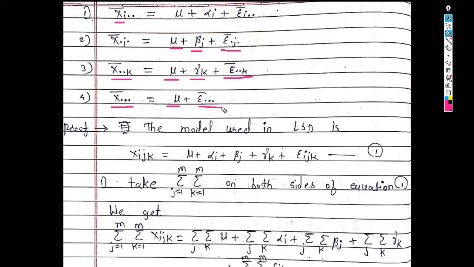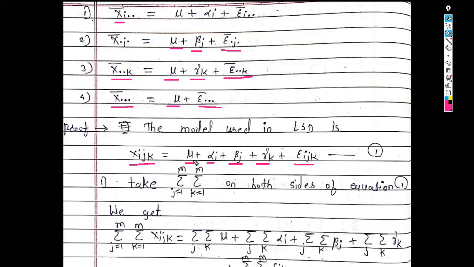To prove these statements, let us consider the model used in Latin square design. Our model is x ijk equals mu plus alpha i plus beta j plus gamma k plus epsilon ijk. Give number 1 to this equation. Here x ijk is the observation for the kth treatment due to the ith row and jth column.